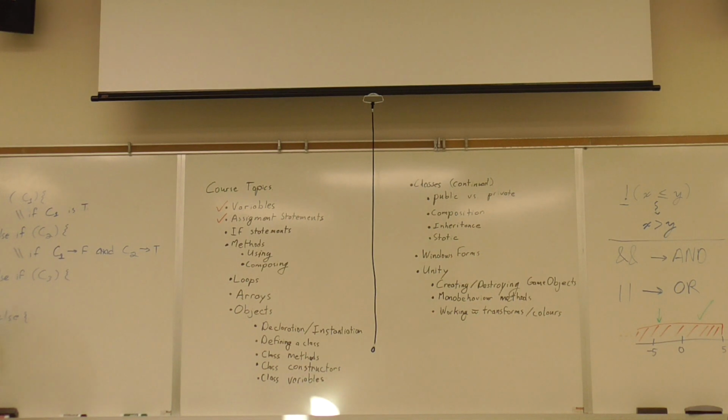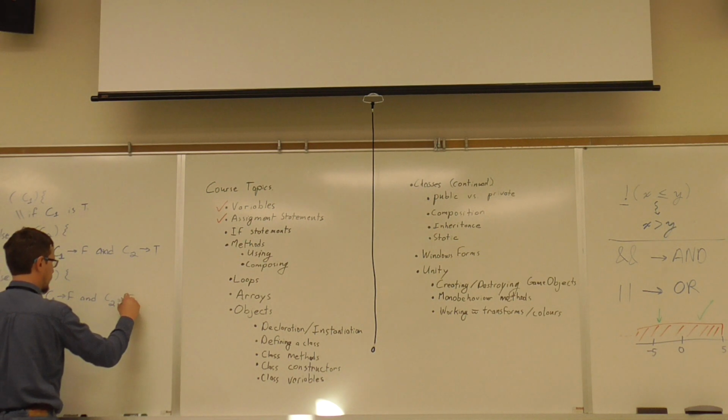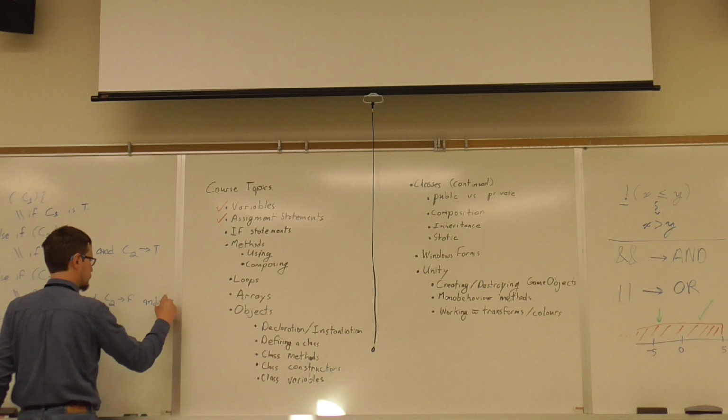For this condition, the same thing applies. Condition 2 must have already been tested, right? So C2 has been tested, C1 has been tested, both of those came out false. This branch gets executed if both of these were false and C3 is true. So C1 is false and C2 is false and C3 is true.